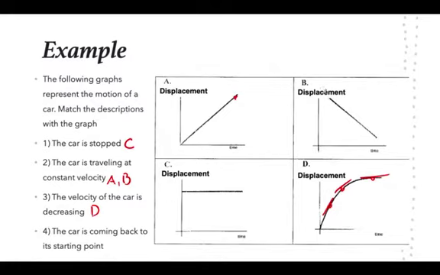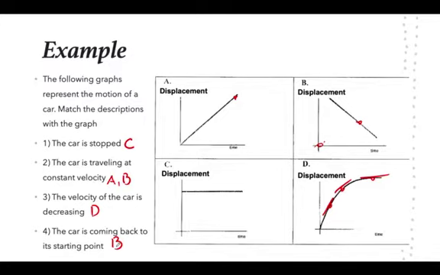In this graph, it started somewhere over here, and it's moving towards the initial point, which is this one right here. And in this graph, it is not moving. And in this graph right here, it is moving away and away from its starting point. So this would be graph B.